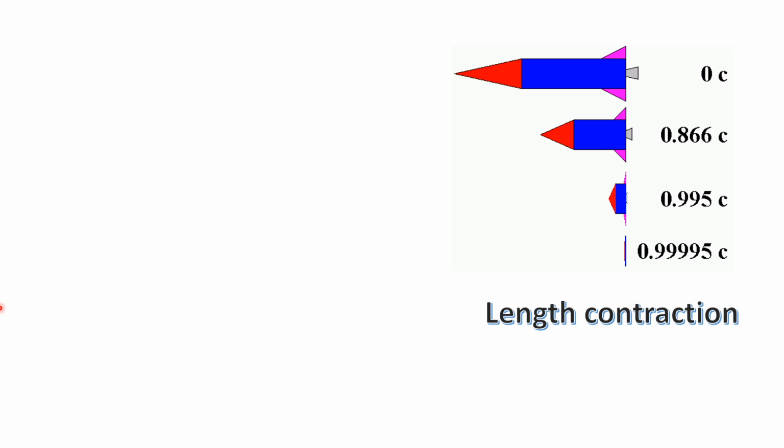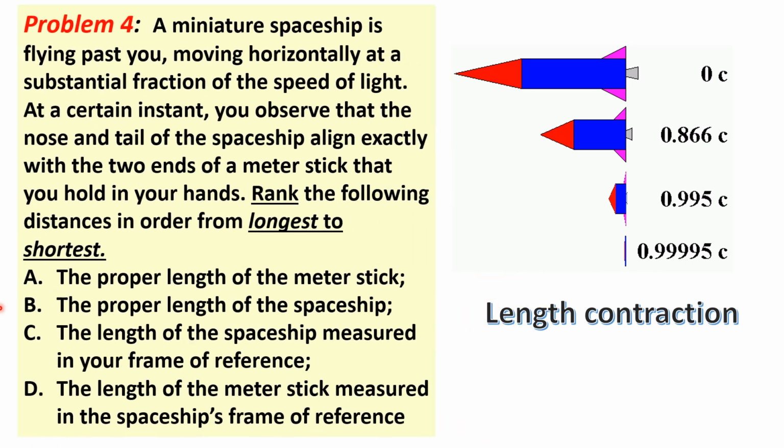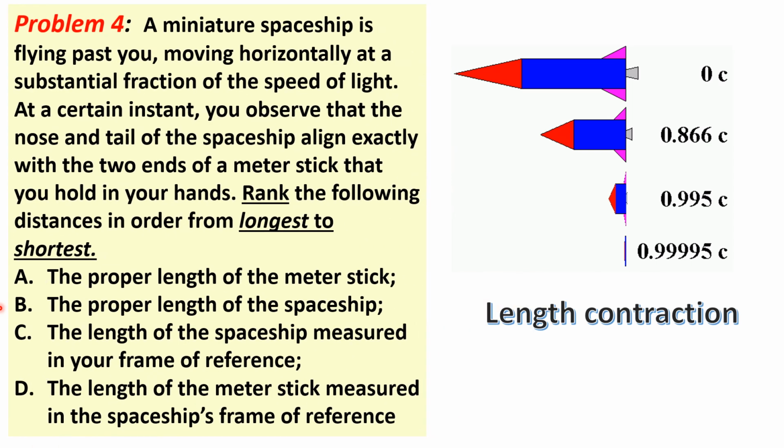Our last question or problem: a miniature spaceship is flying past you, moving horizontally at a substantial fraction of the speed of light. At a certain instant, you observe that the nose and tail of the spaceship align exactly with the two ends of a meter stick that you hold in your hands.